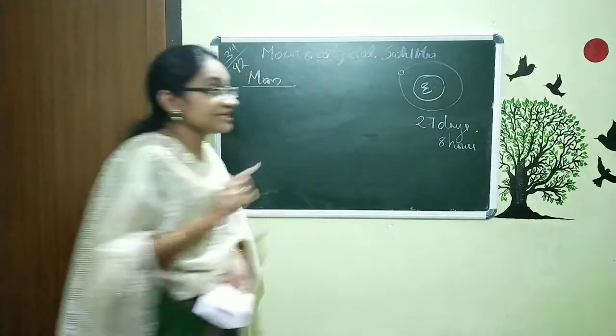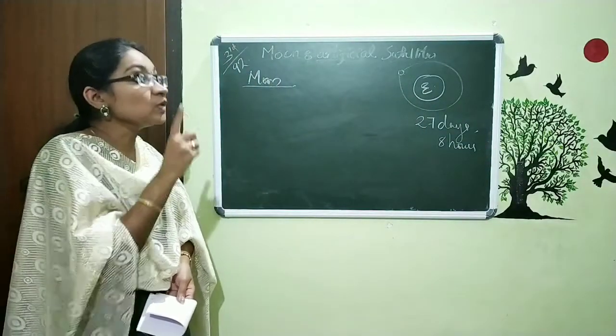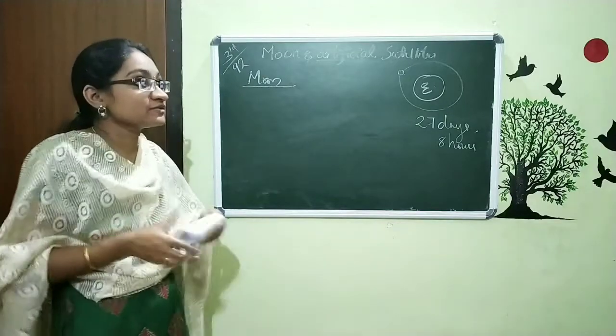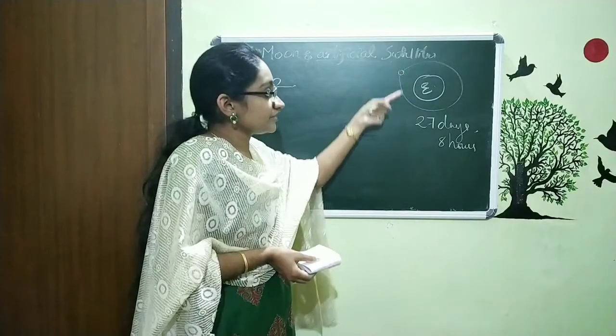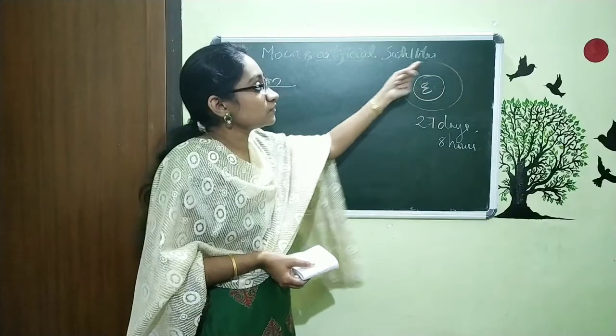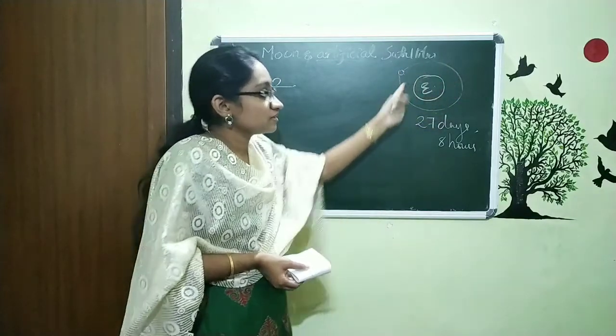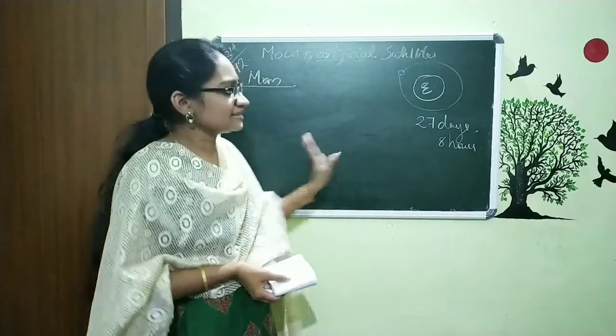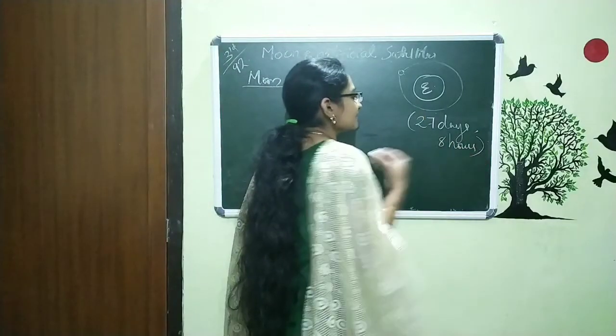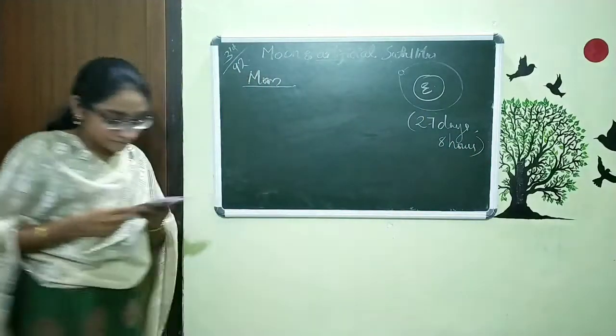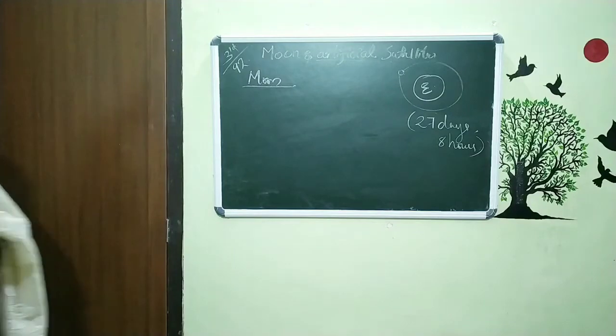So in 27 days and 8 hours, our moon revolves around Earth. That means for one complete revolution, it takes 27 days, 8 hours. So that is the time period. Just remember this 27 days, 8 hours. That is important.